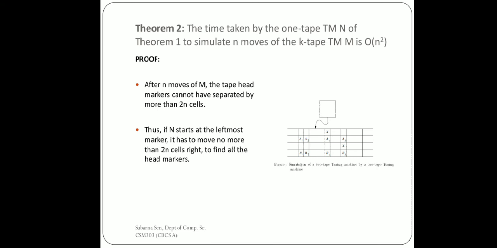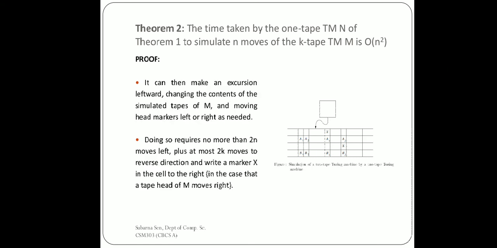It cannot be more than that, since for each we are allocating 2, so for n we allocate 2n only. So if N, my one-tape Turing machine, starts at the leftmost marker, it has to move no more than 2n cells to the right. If the movement is from the left side, the maximum number of movements it has to cover to move towards the right is 2n, right?